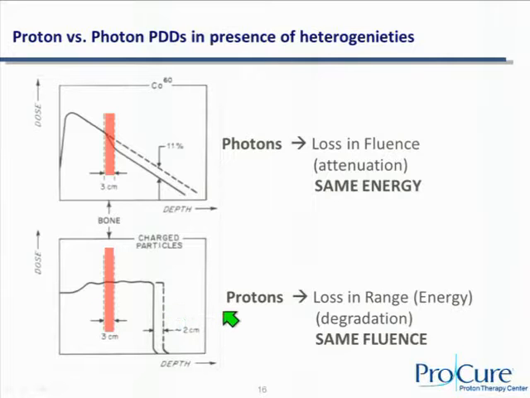So protons are very sensitive to what's in the beam path, and they lose energy or degrade, and the influence is the same across the heterogeneity, before and after it. It's just that the entire thing gets shifted. Keep in mind, this is a very important thing to understand, because at any given point at depth we still have photons here, while we completely lost protons here.